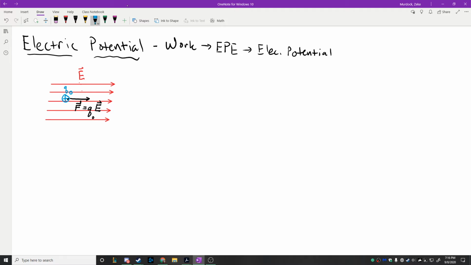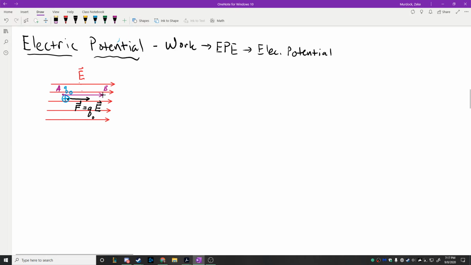Let's say it moves from some point, maybe we call this point right here point A. So this is point A, right where it starts. And let's say that it moves over here to some point that we call B. It undergoes that path from A. I'm going to have to just draw with an arrow because I can't draw straight on my lap.